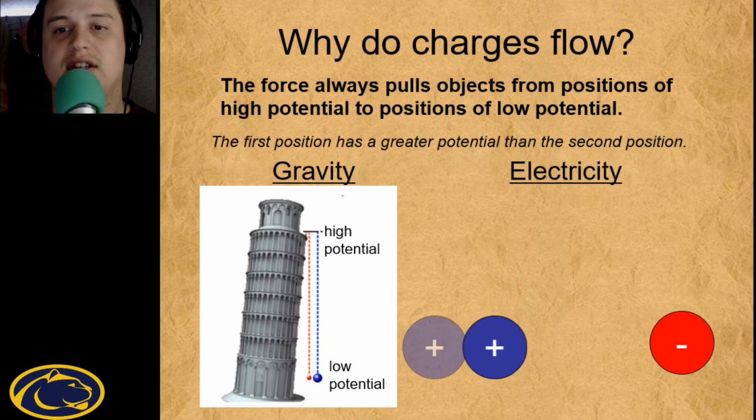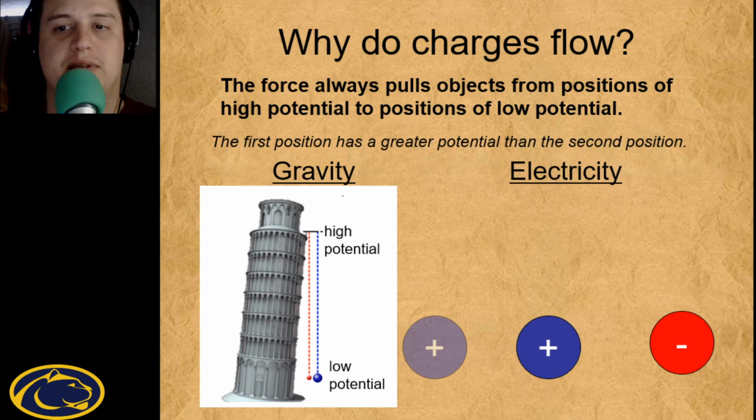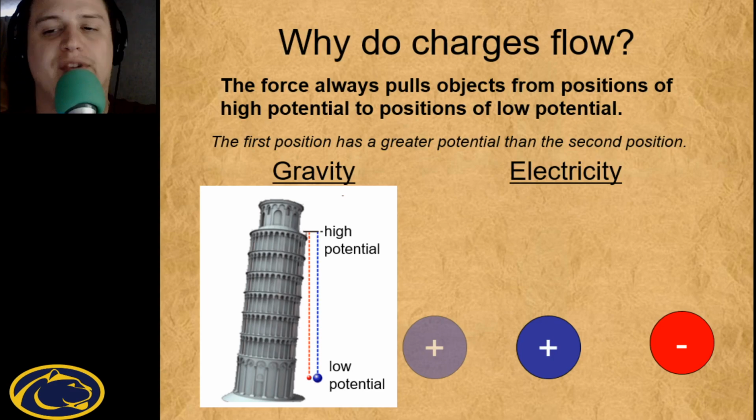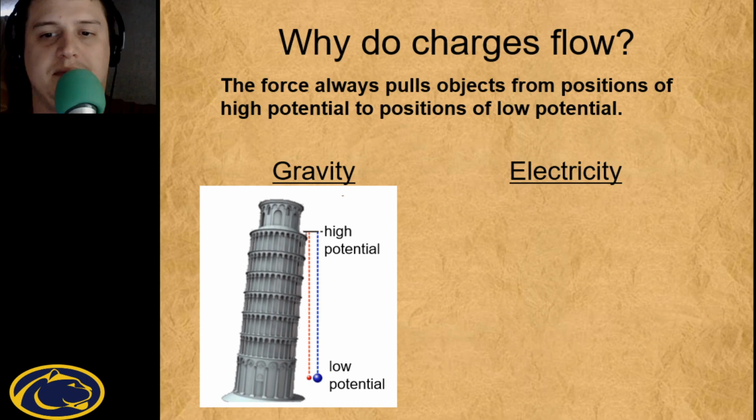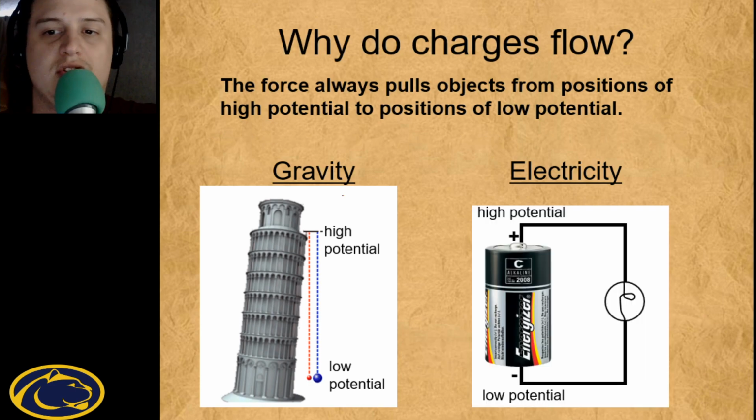In electricity, the first position has greater potential than the second position. Well, why is that? It's doing the same thing here. There's a bigger potential difference because there's a larger space between the two of them. The farther away you are from the ground is gravity; the farther away they are from each other is potential in electricity. So the force pulls objects away from positions of high potential to positions of low potential.